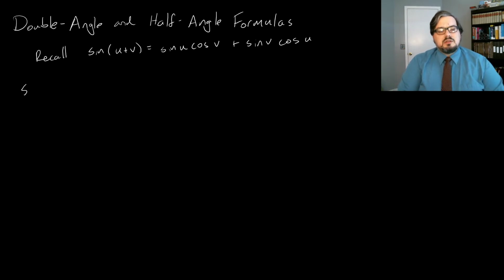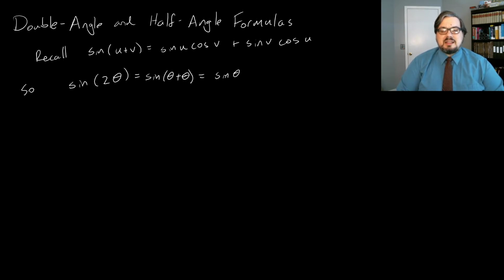So let's see what happens if we want to take sine of 2 times an angle theta. Well, 2 times an angle theta is, of course, just theta plus theta. And so sine of 2 theta is going to be equal to sine theta times cosine theta plus sine theta times cosine theta.